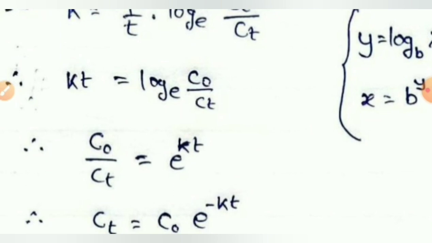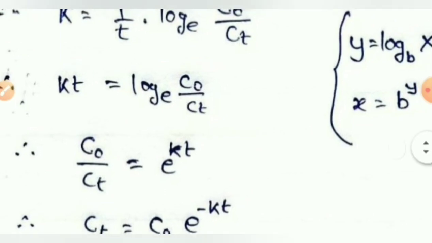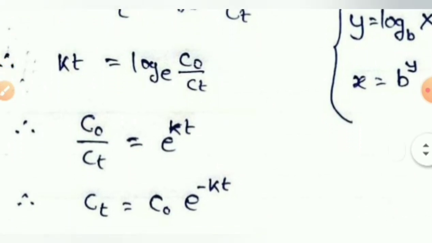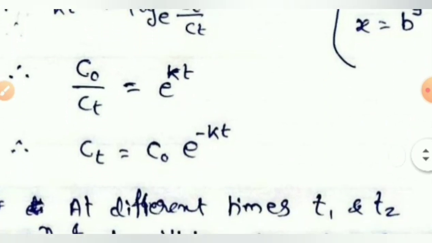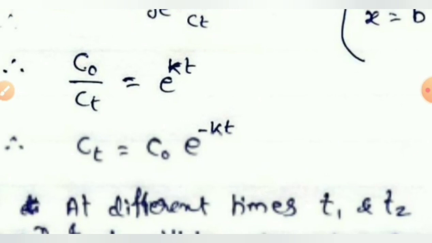Using such a formula, after modification we get Ct equal to C0 e raised to minus kt. So we have the value of Ct equal to C0 e raised to minus kt.